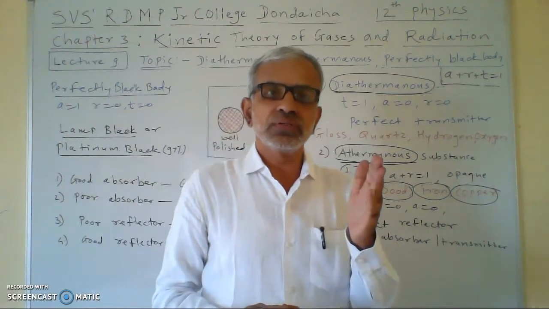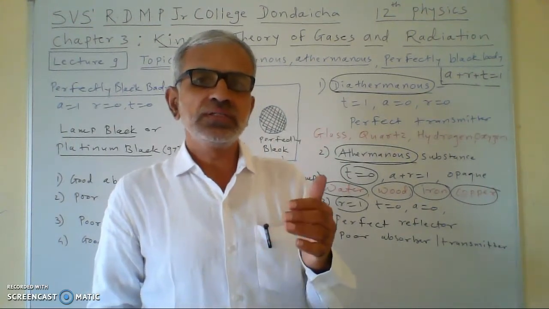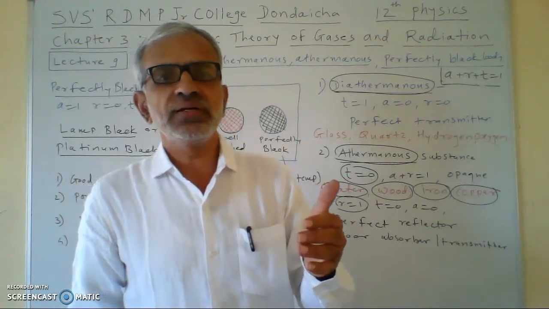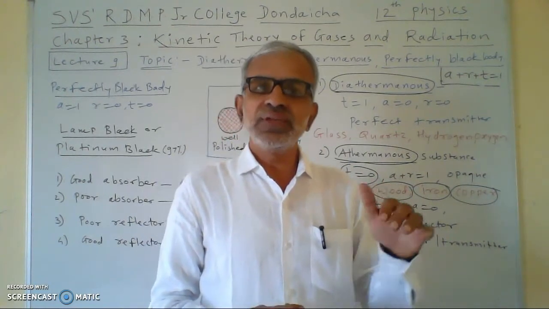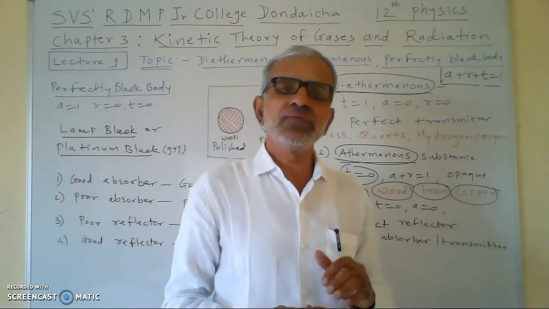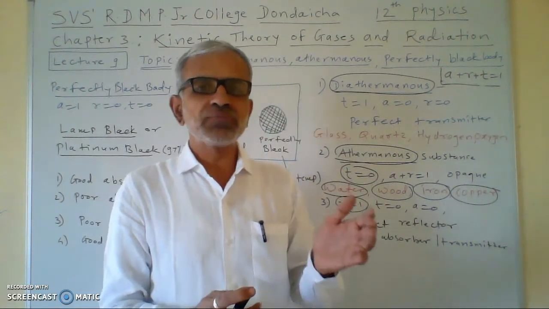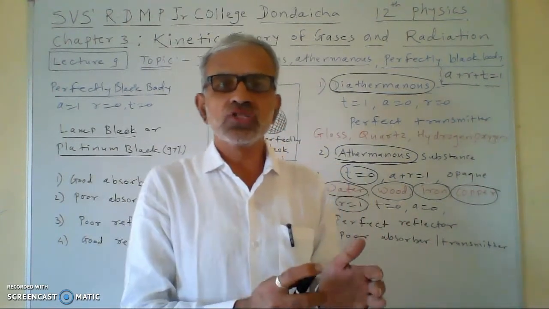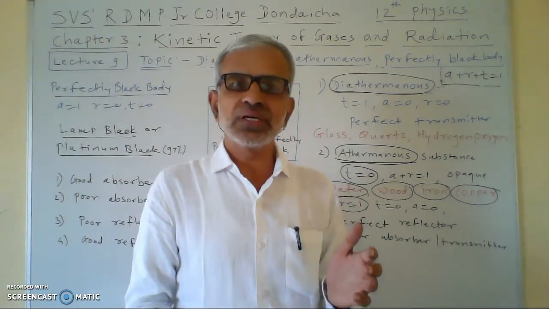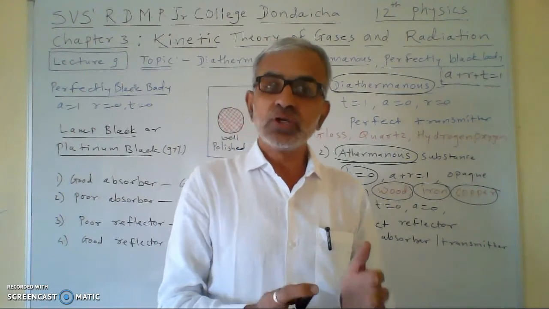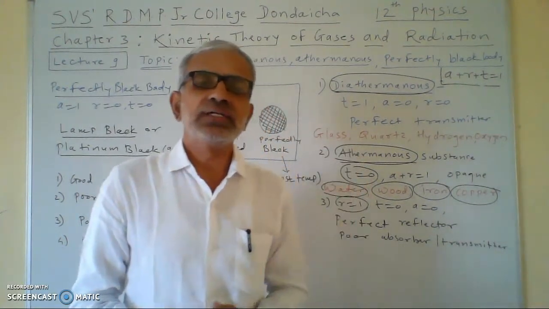Take the example of the thermos flask. There is a silvering inside that thermos flask, because that silver coating reflects all the heat. Means it reflects the maximum amount of the heat, and the heat will not be absorbed by the walls of the thermos flask, or transmitted by the walls of the thermos flask, because the value of R is equal to 1, or maximum, for that silver coating.